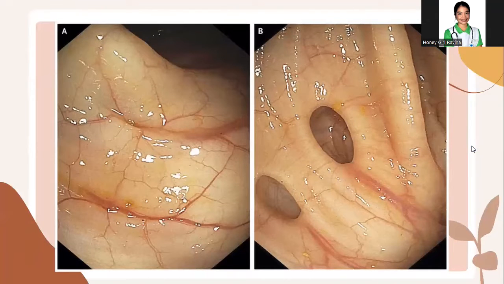So, these are two pictures that show the difference between a person without diverticulitis and a person with diverticulitis. In the first picture, there are no holes, and in the second picture, the holes are the diverticula.